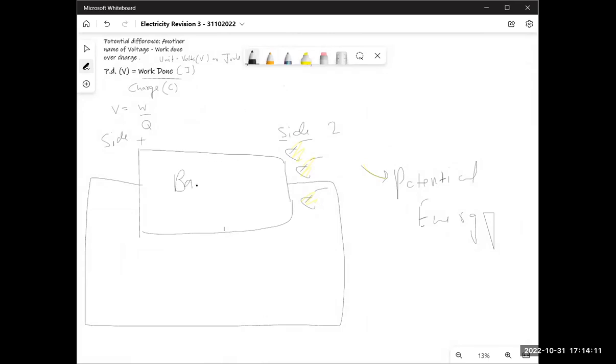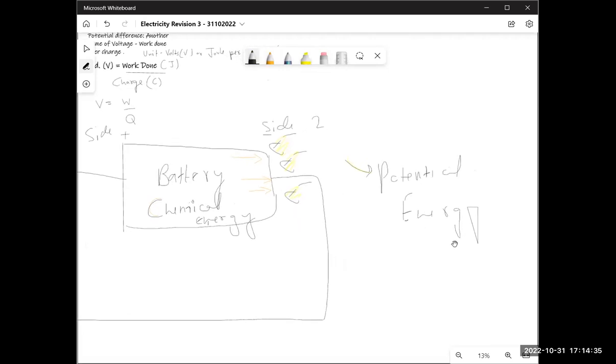Now, this battery is giving these guys the potential energy. So inside the battery, we have something called chemical energy, because inside the battery we have chemicals, right? Chemicals give energy.